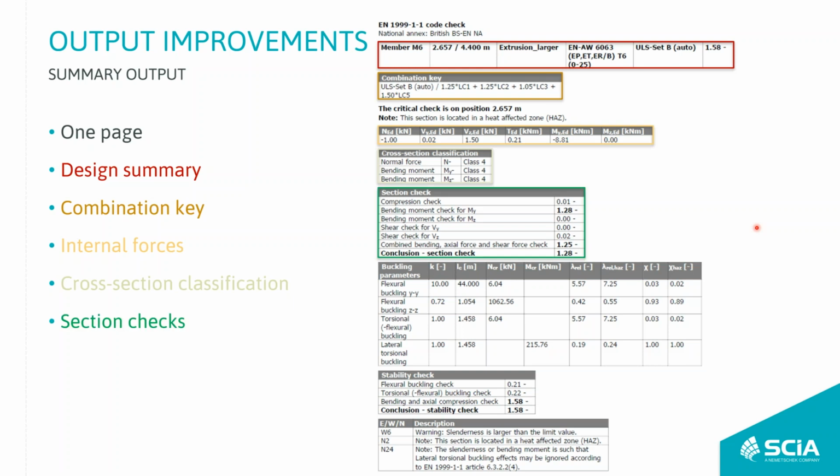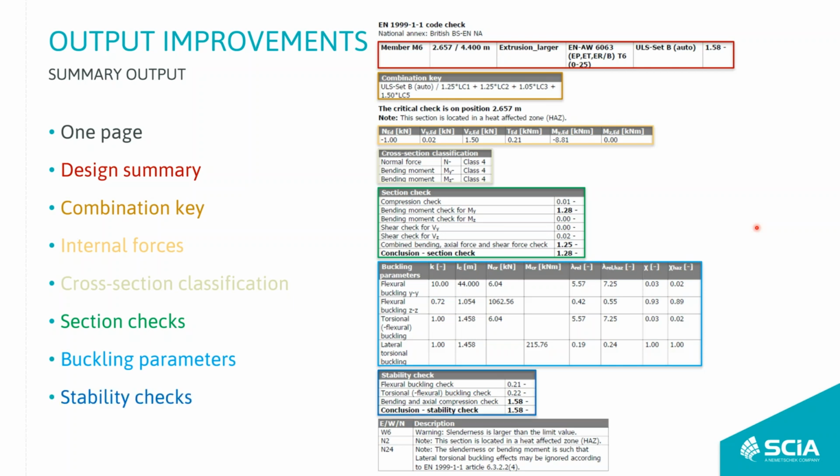Then we also have the summary of all checks which have been done. Then the buckling parameters, which are used for the stability checks, and at the end there is a summary of errors, warnings or notes which have appeared during the sequential checks or sequential design.